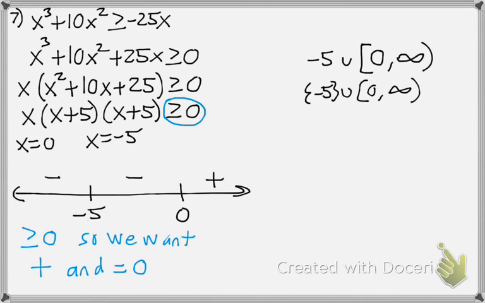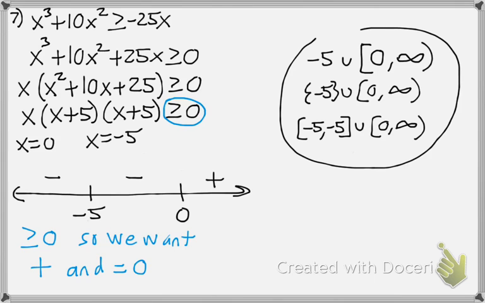On WebAssign, I believe you can just do negative 5 to negative 5. It's kind of odd to put just one number in an interval, but it should accept it. So really, any of these three ways would represent the answer.